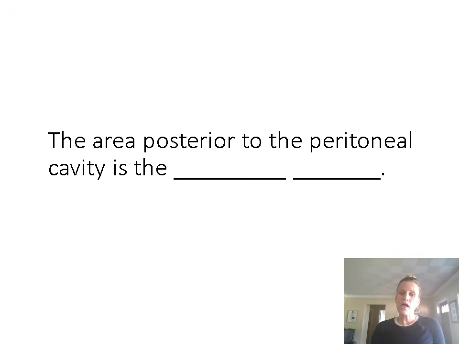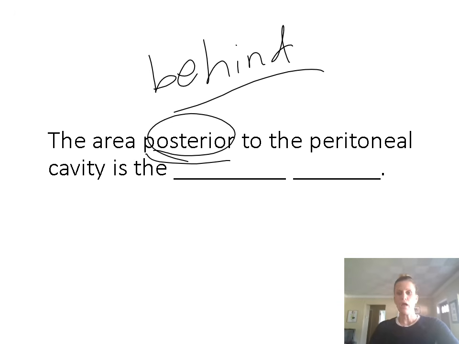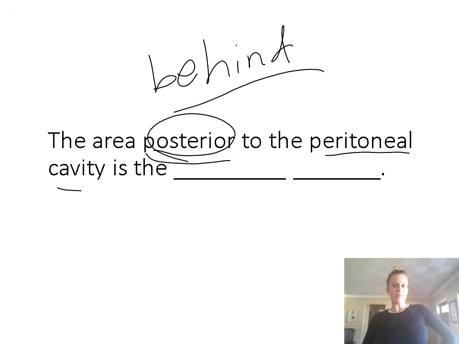The area posterior to the peritoneal cavity is the... So posterior, you should know from the directional terms, means behind. You should also know the peritoneal cavity is a subcavity down in the abdomen. So there's this membrane and cavity that goes down through the abdominal cavity and a little bit through the pelvic cavity. And it's on the front side of the belly.